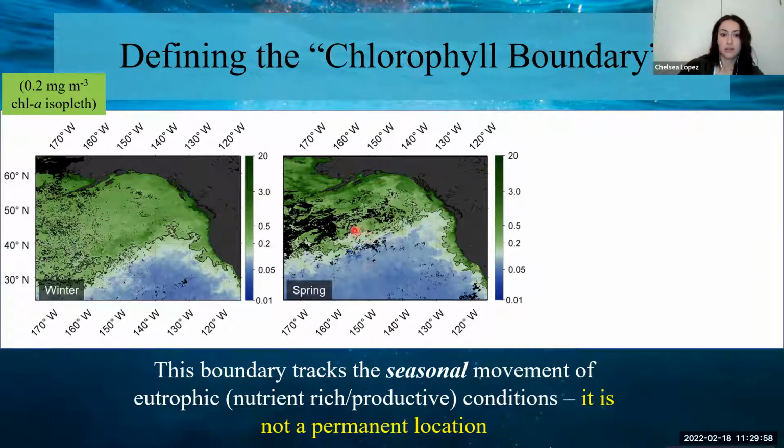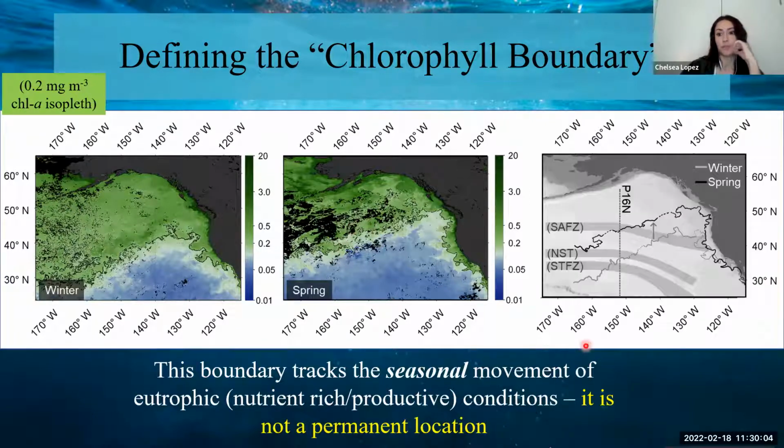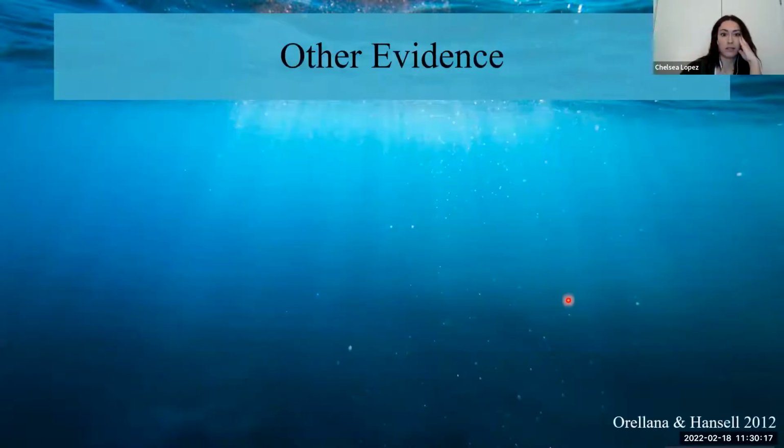So here you can see it crossing a little bit north of 40, which is exactly where we thought it would be. So just to make that a little more obvious, here's where it is in winter, right on the Northern Subtropical Front. It moves north, right on the Subarctic Front here. So it lines up perfectly, great.